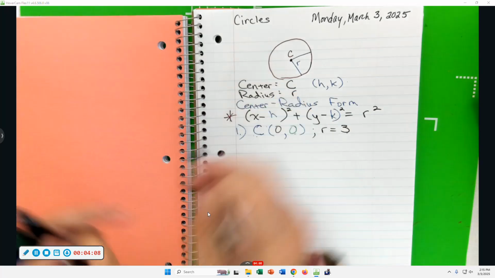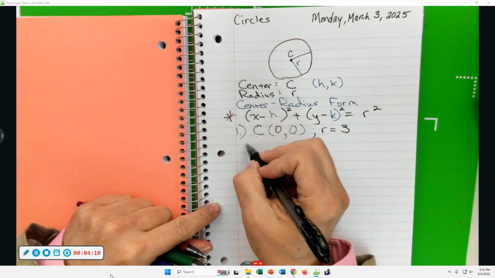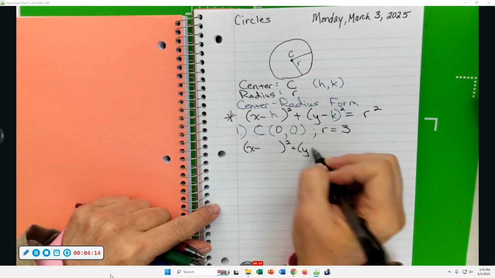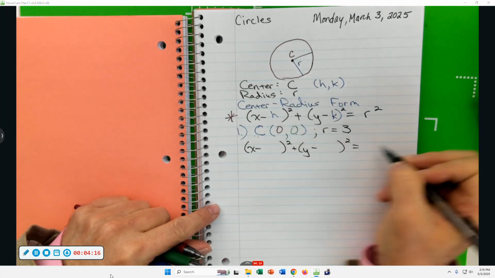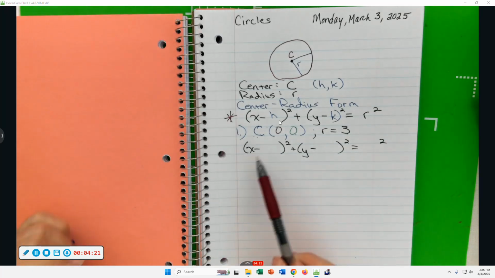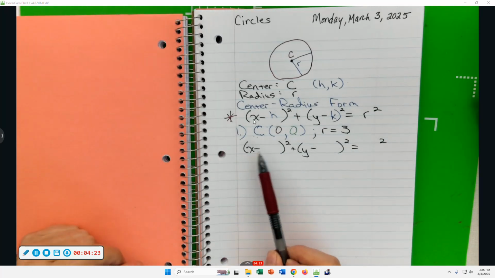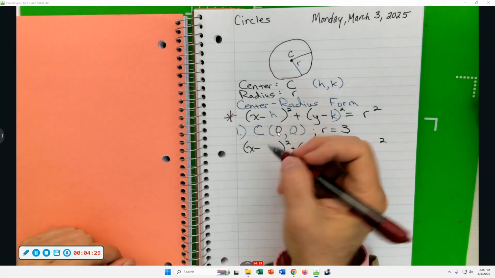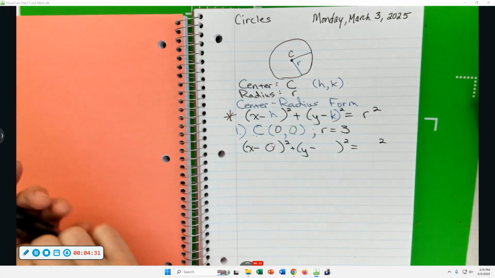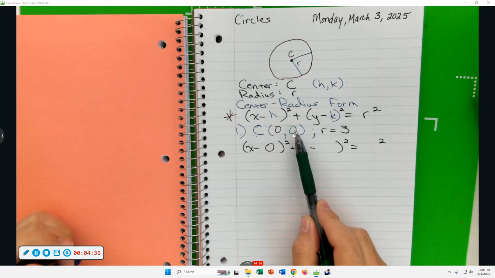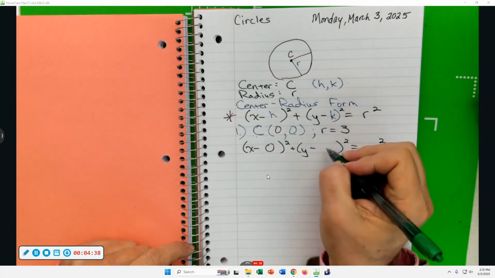We have that form right there. And we're going to have x minus, y minus, and over here we're going to square something. So we're going to plug in x minus the x coordinate of the center, it's that round 0 there that I have. y minus the y coordinate of the center, that's the green 0.